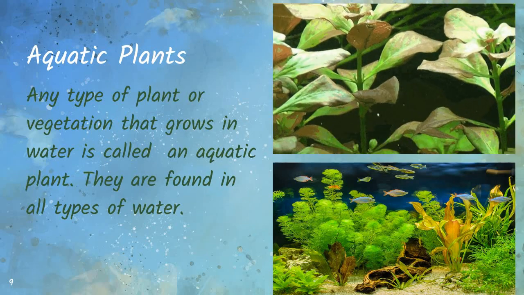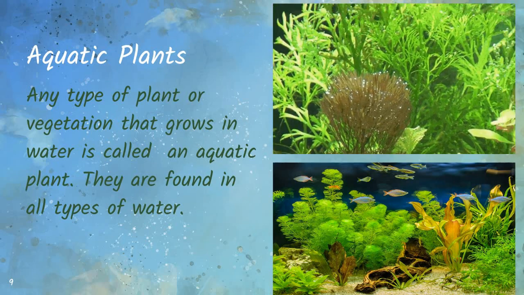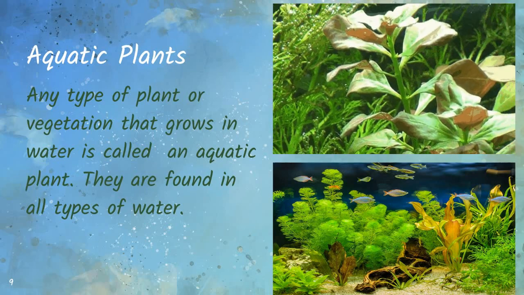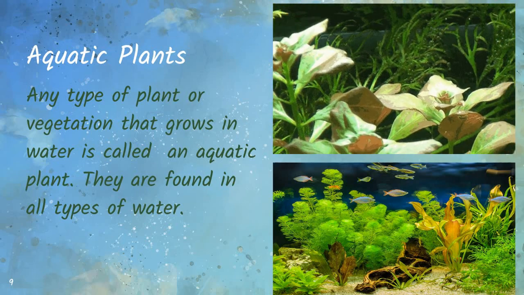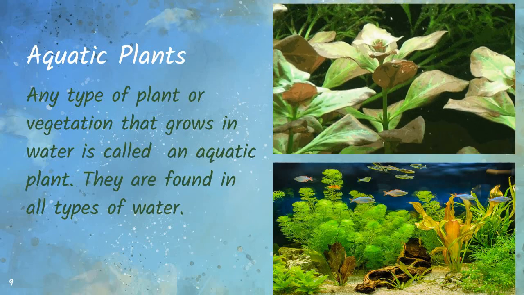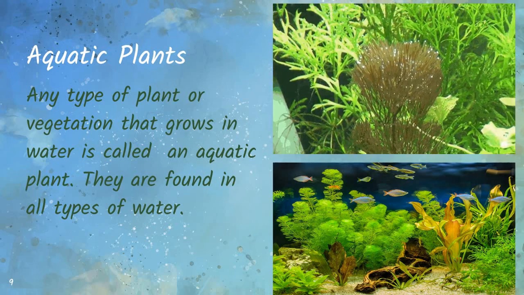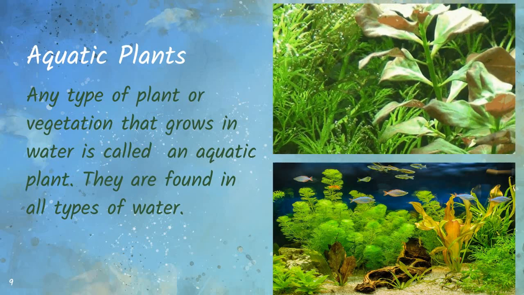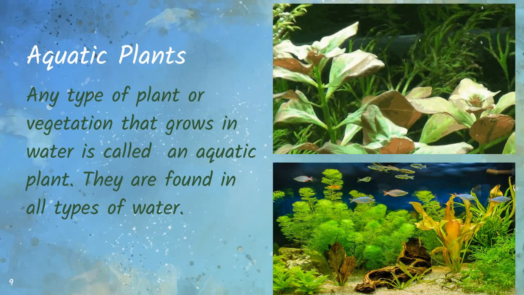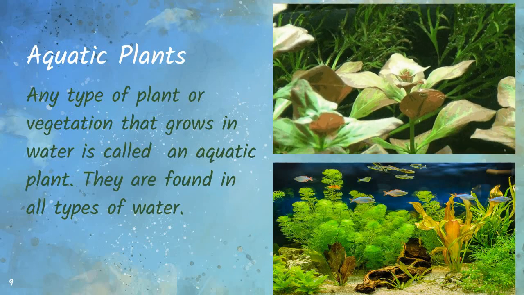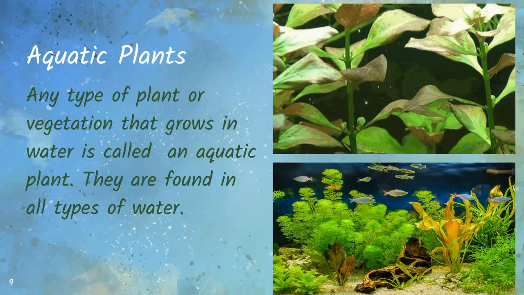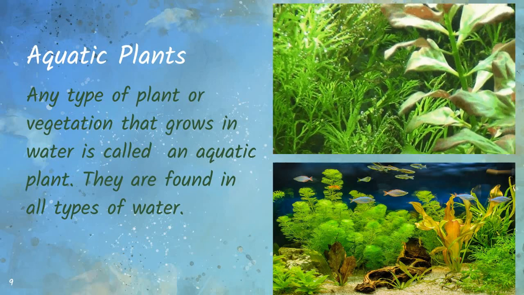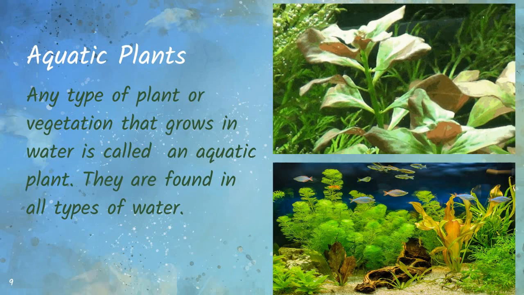Just like how aquatic animals have different characteristics, so do aquatic plants have different features. Usually, we know that aquatic plants are very important. They may not be seen in our daily lives, but they carry great importance.